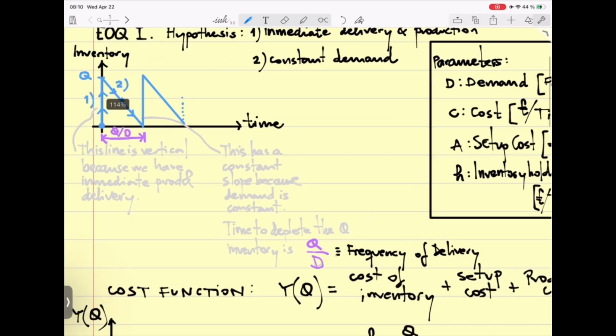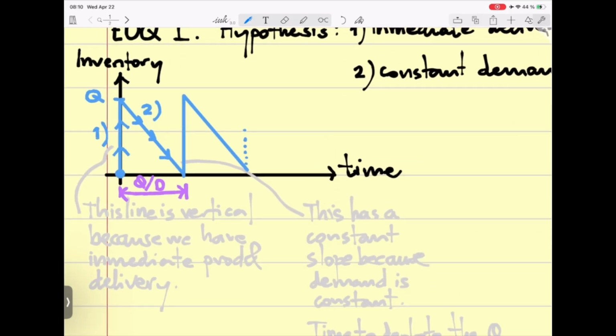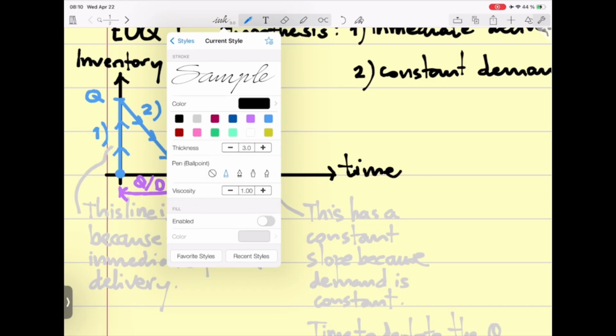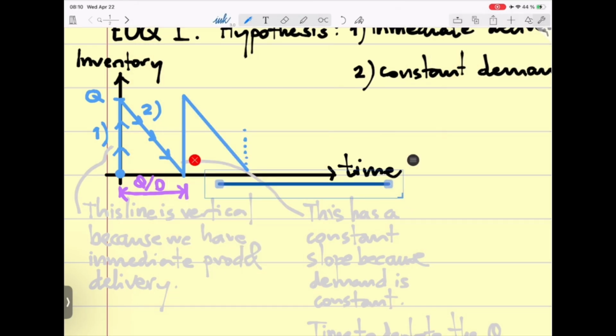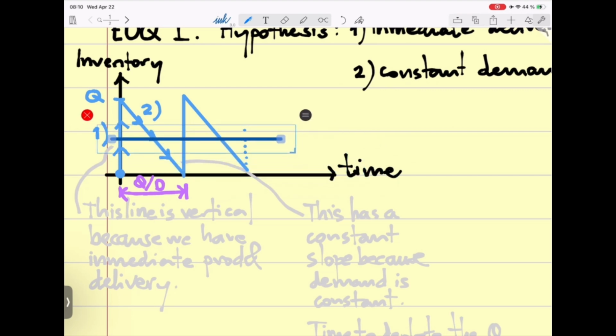So of course the average inventory here is simple. The average inventory is Q divided by 2.